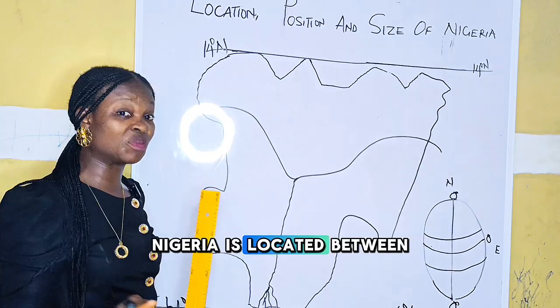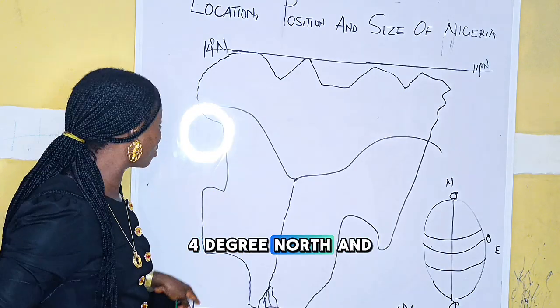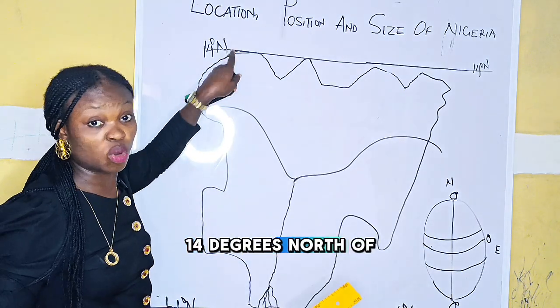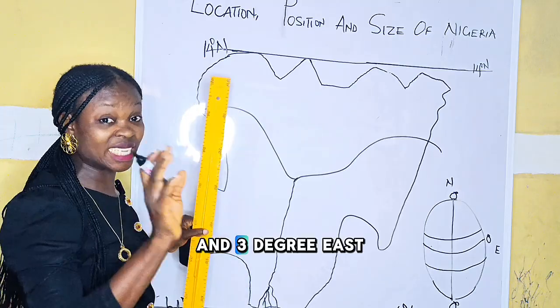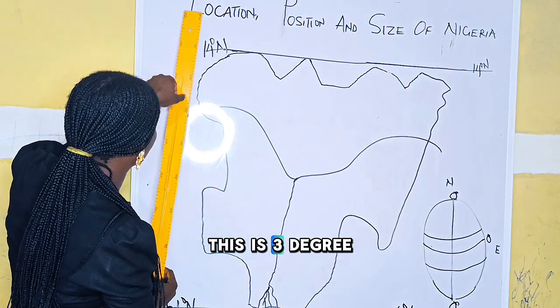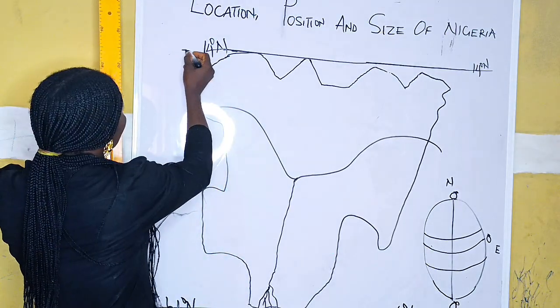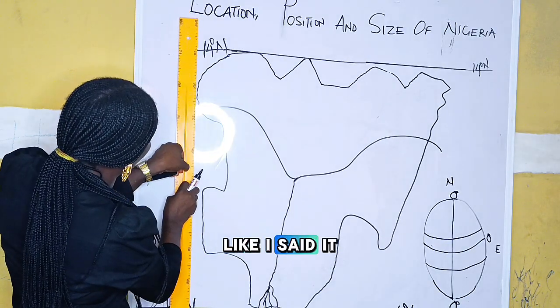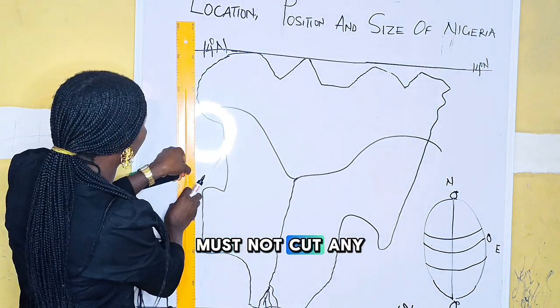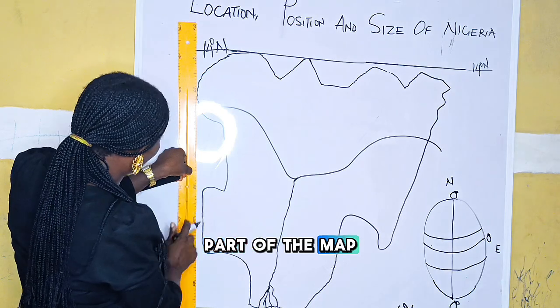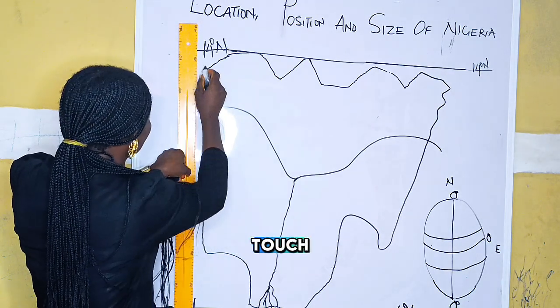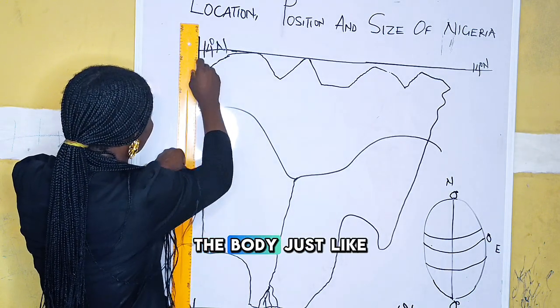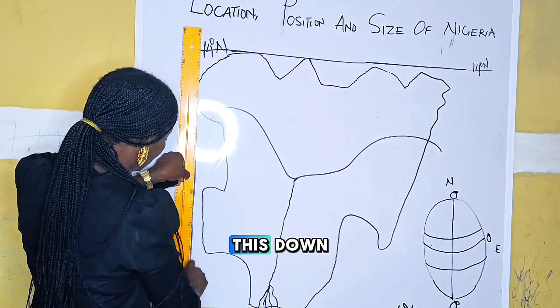So Nigeria is located between 4 degrees north and 14 degrees north of the equator and 3 degrees east. This is 3 degrees east here. Like when you are drawing the map, it must not cut any part of the map. Rather, it has to touch the body, just like this, down.